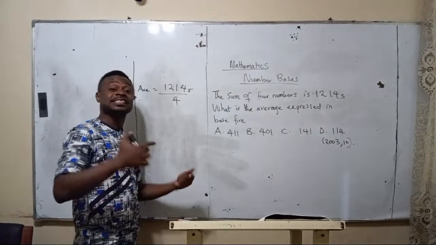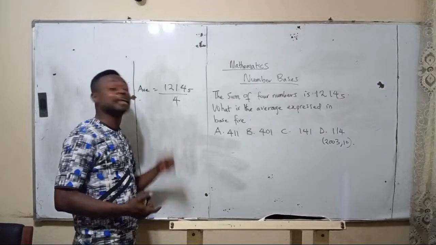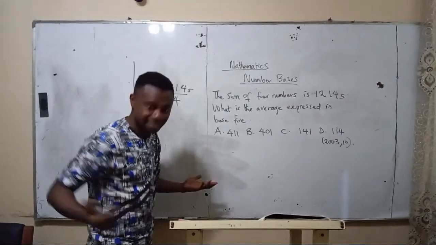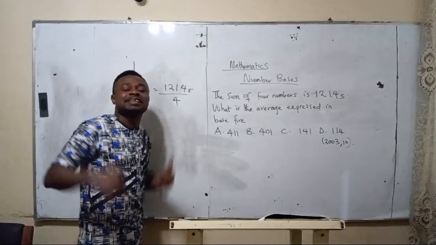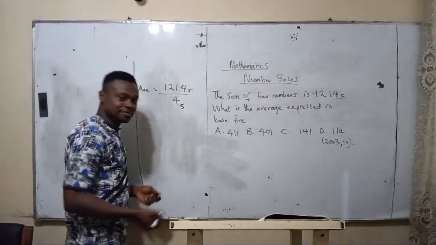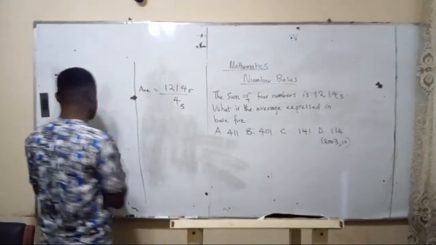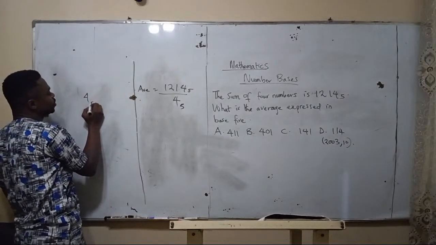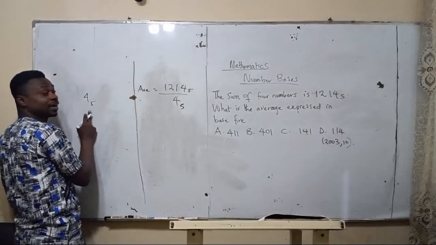And 4 is also less than 10. So 4 can be 4 in base 5. It can also be the same 4 in base 10. Because 4 is less than base 5, this automatically becomes in base 5. If you want to confirm, assume that you have this 4 in base 5.